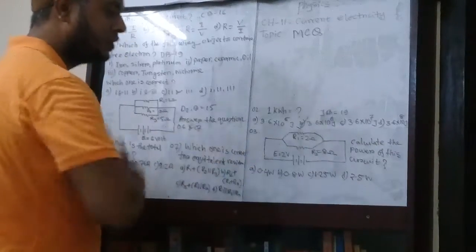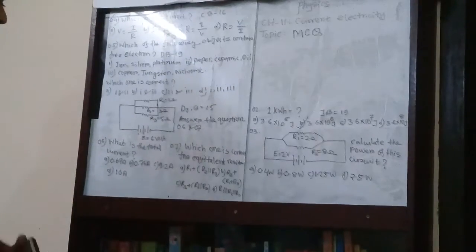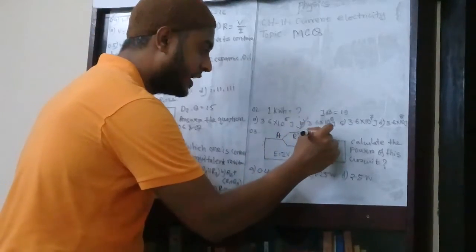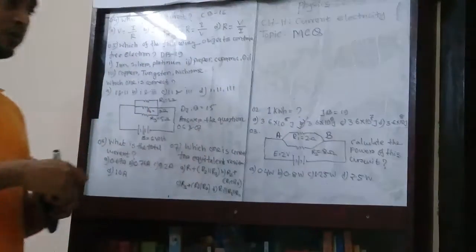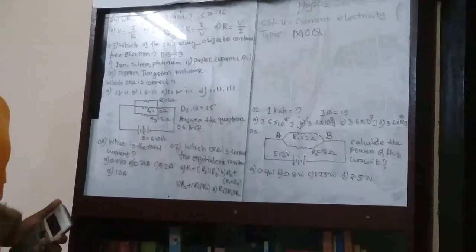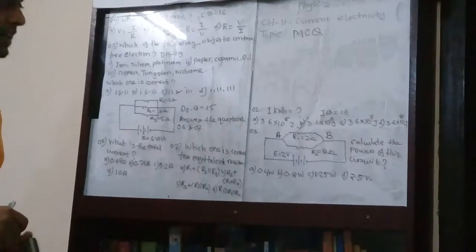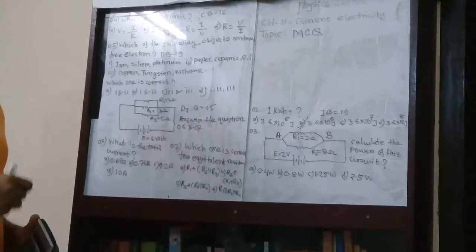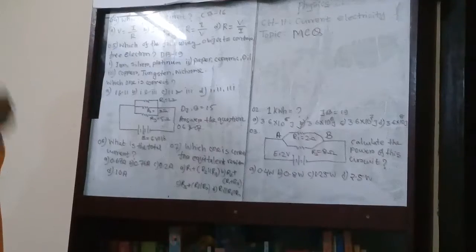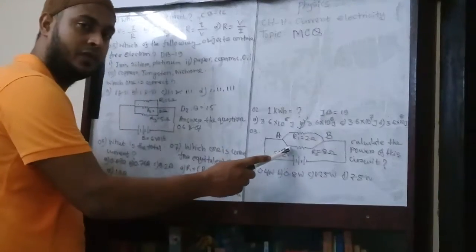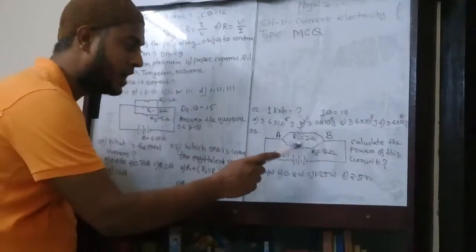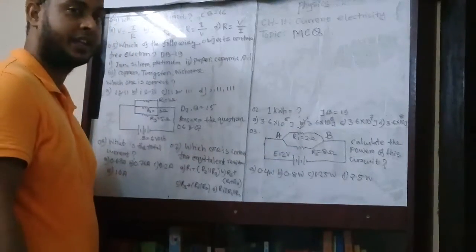And these R1 and R2 are connected in parallel, because if you mark point A and point B, then between point A and point B, a current I divides into 2 parts. You may consider one is I1 and another is I2. Since current divides, R1 and R2 are connected in parallel connection.